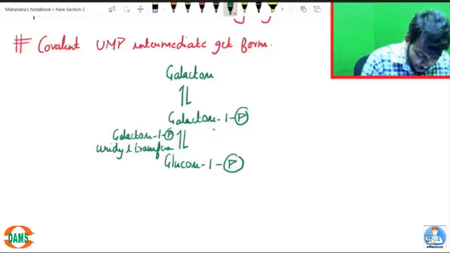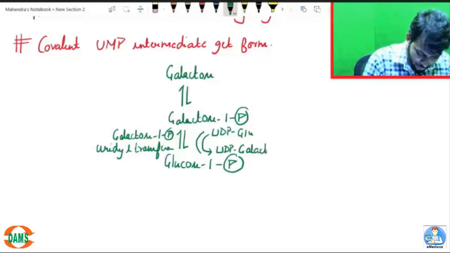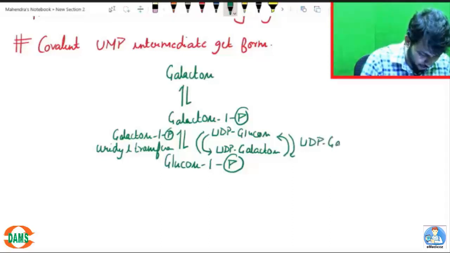So there is a conversion of UDP glucose to UDP galactose, by UDP galactose 4 epimerase.